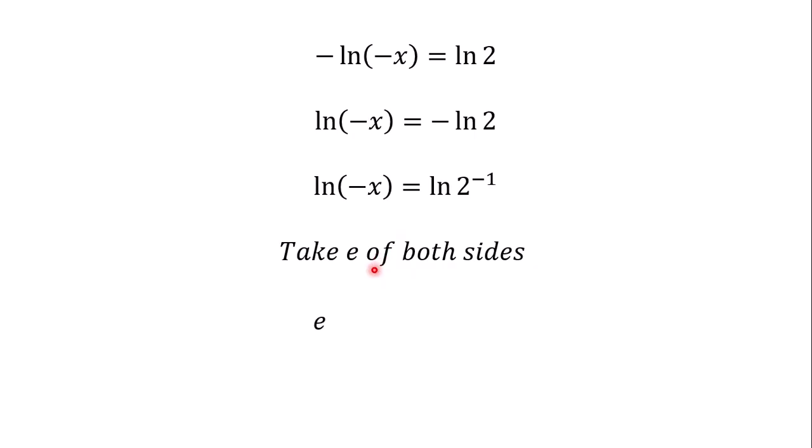So let's take E of both sides. Good. So here you're just going to get x, and then you're gonna get this one. So minus x is equal to 2 raised to the power -1. And then we multiply both sides by -1.